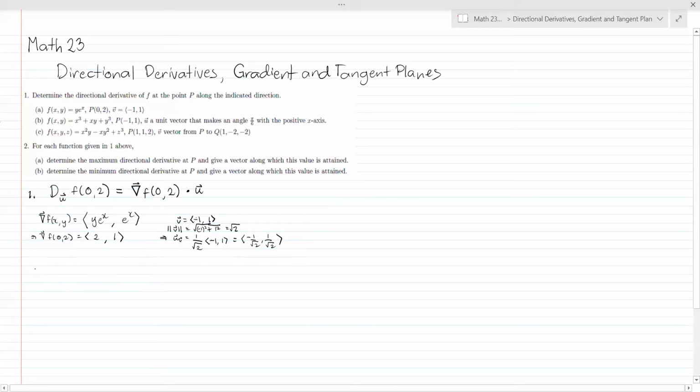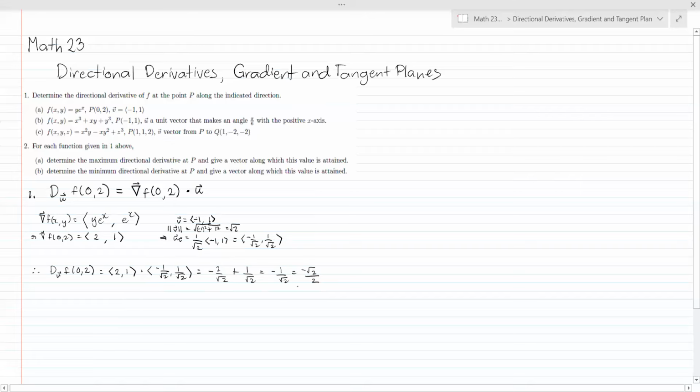Therefore, the directional derivative of f at the point 0,2 is the dot product of 2, 1 with negative 1 over square root of 2, 1 over square root of 2. This is equal to negative 2 over square root of 2 plus 1 over square root of 2. This is equal to negative 1 over square root of 2, or negative square root of 2 over 2.